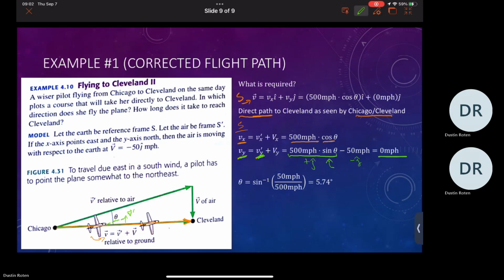Now, if you do some algebra, all you have to do is take this equation and solve for theta. So it turns out if we fly at an angle of 5.74 degrees north, okay, so toward north, that angle of 5.74 degrees is going to cancel out the wind.